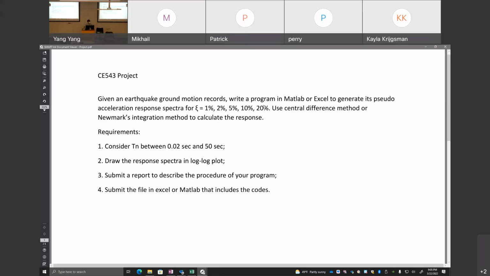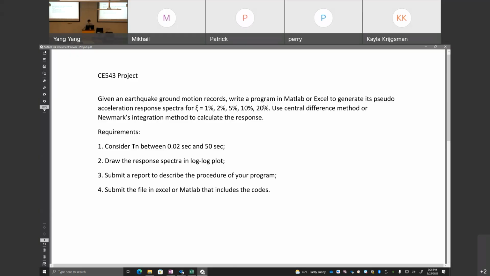So we will not have a final exam, the second exam is scheduled before the final, so that you will be a little bit less stressful for the final. You don't need to worry about the final for this class. You only need to worry about the project.